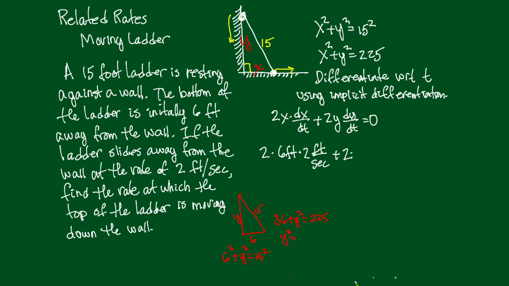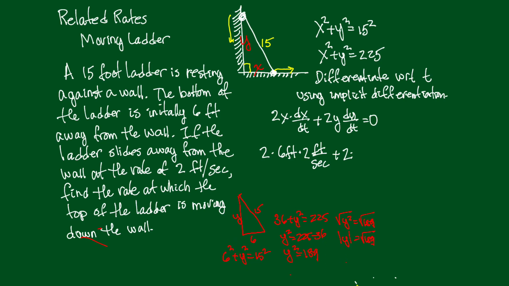So y squared is equal to 225 minus 36. So y squared is equal to 189. And then if I take the square root of both sides, I get the absolute value of y, which is the square root of 189.